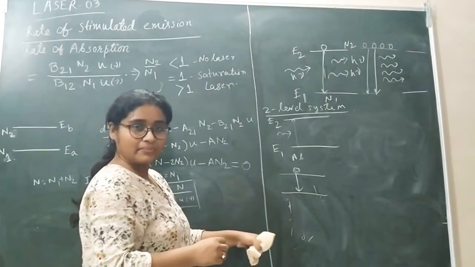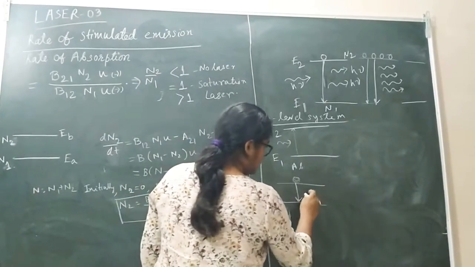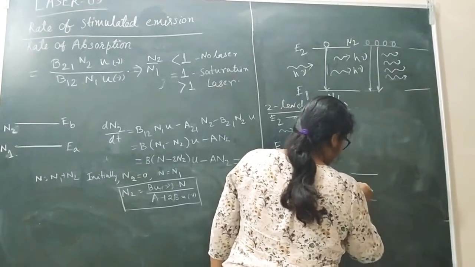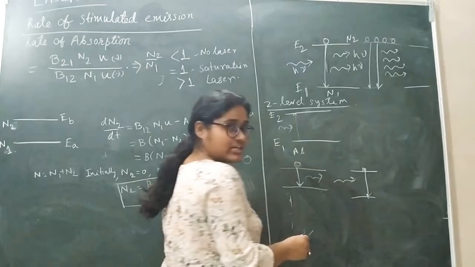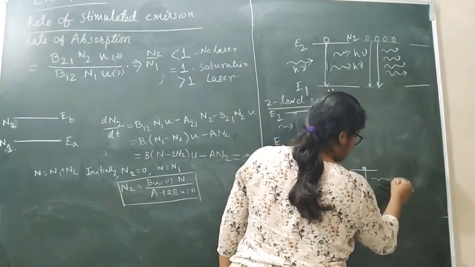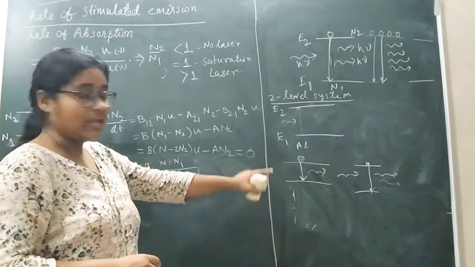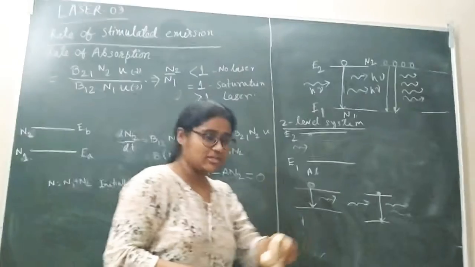It has a certain lifetime, so it will come back after a certain time to be stable. That is spontaneous emission. And whenever there is another photon which can excite this atom and the atom comes back to the ground state, it is stimulated emission. So there are three kinds of processes in light-matter interaction: absorption, spontaneous emission, stimulated emission.